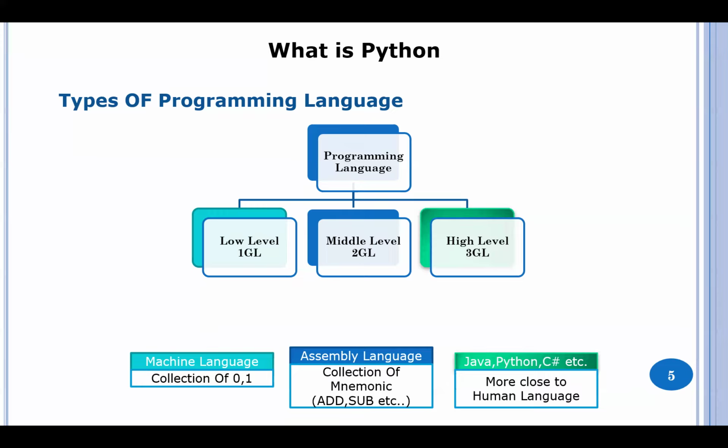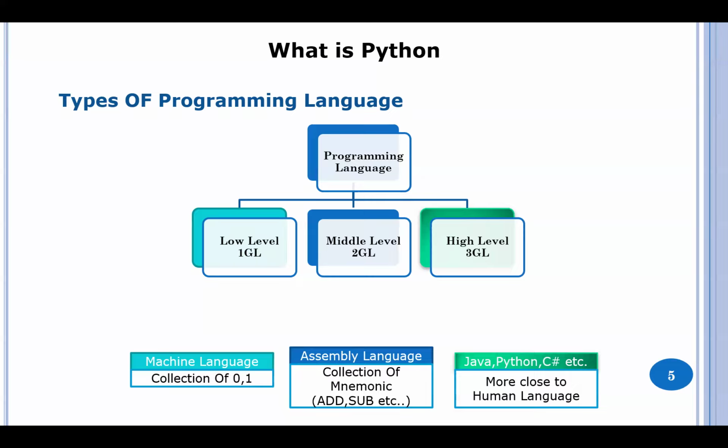And the language they achieved, where they have the combination of 0 1 0 1 0 1 and small words, that language is called the assembly language. What is it called? This is called the assembly language, and assembly language comes under the second generation language or middle level language.